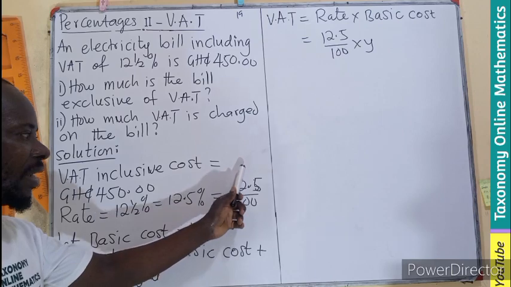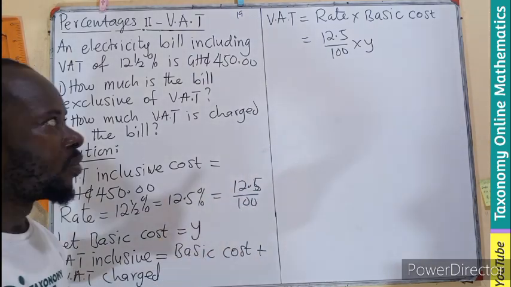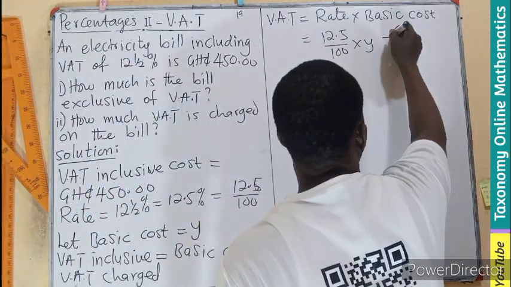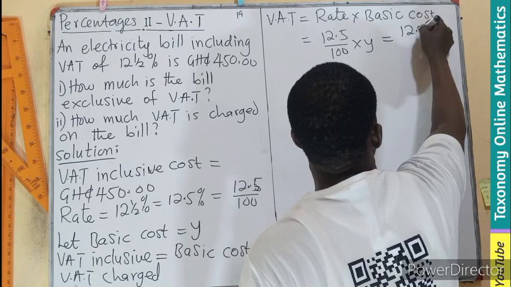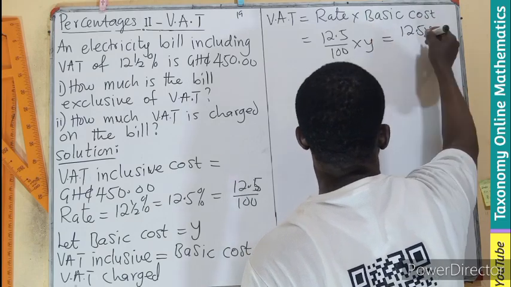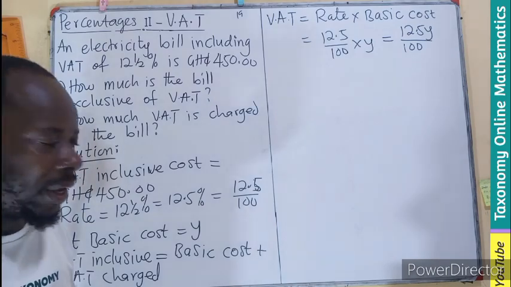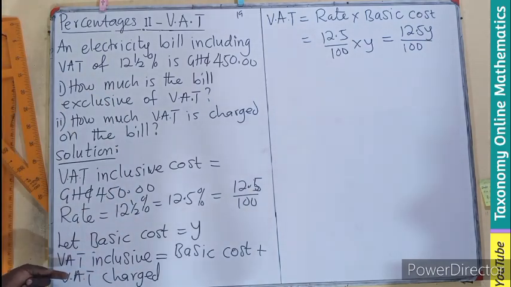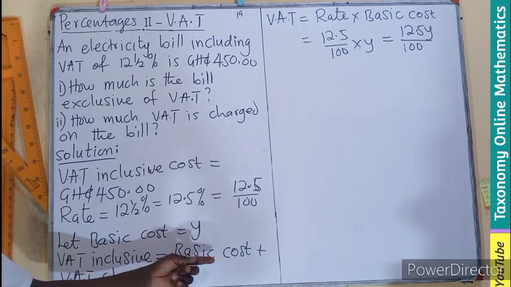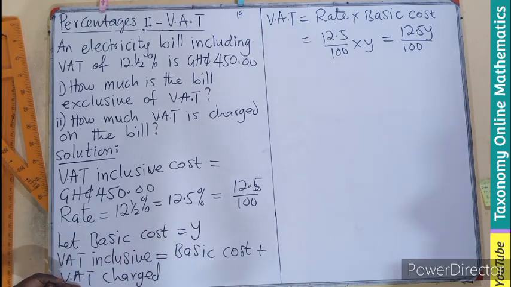The rate of percentage in terms of fraction is this. So I can rewrite this to look like 12.5Y, since the Y is multiplied, divided by what? 100. Is that okay? So from there, I can still continue from the VAT inclusive equals basic cost plus VAT charge.